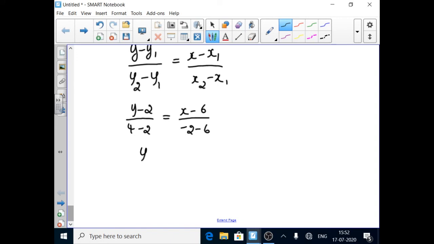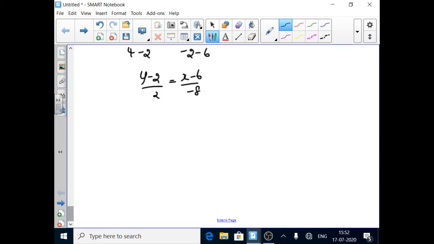So (y - 2)/2 = (x - 6)/(-8). Do the multiplication: -8 into (y - 2) is equal to 2 into (x - 6). So -8y + 16 = 2x - 12.